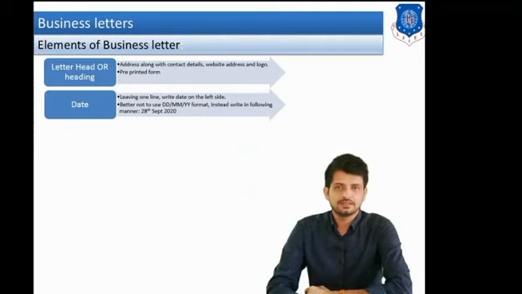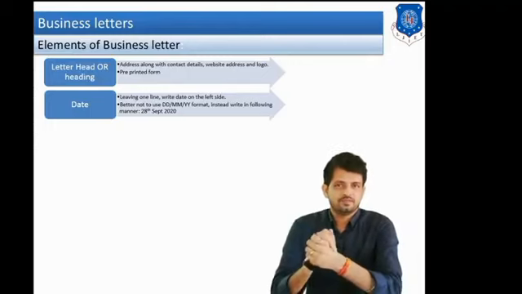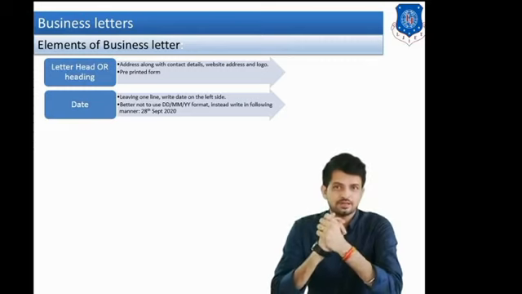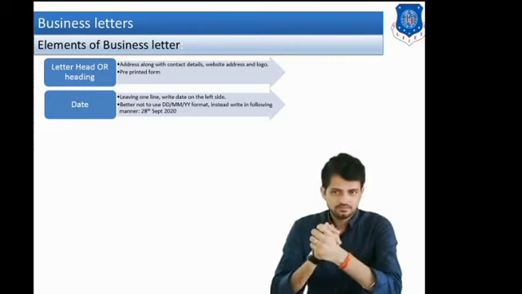Then comes the date. After leaving one space, you have to write the date. See, instead of writing the date in date, month and year numeric format, it is better to write the date in the form of words.